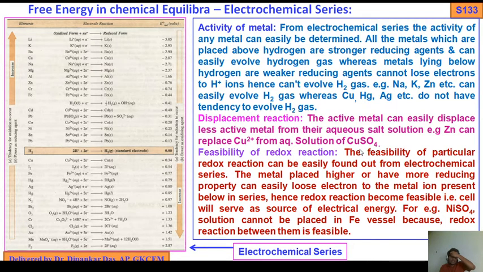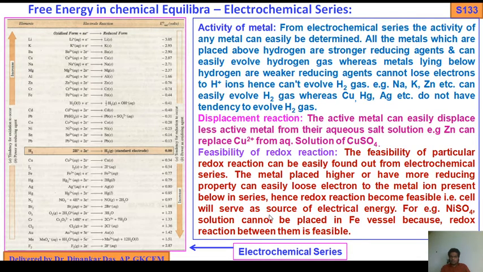Feasibility of redox reactions: the feasibility of a particular redox reaction can be easily found from the electrochemical series. Feasibility means delta G should be negative. The metal placed higher, having more reducing property, can lose electrons to the metal ions present below it in the series. Hence, redox reactions become feasible.